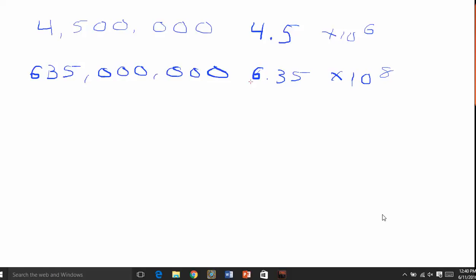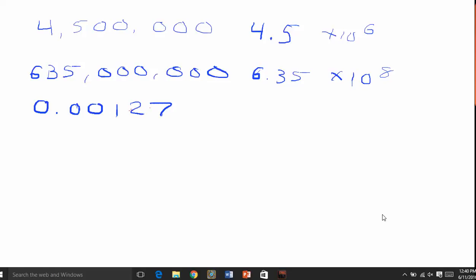And again, remember, this number here, to be in proper scientific notation, has to be bigger than 1, but less than 10. I guess it could be exactly 1. If we have small numbers, like let's say 0.00127, again, I need to write a number that's 1 or greater, but less than 10.